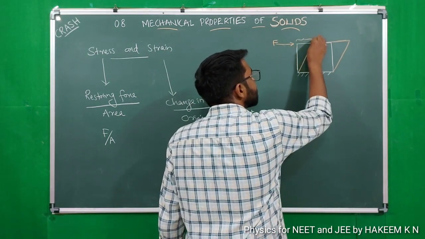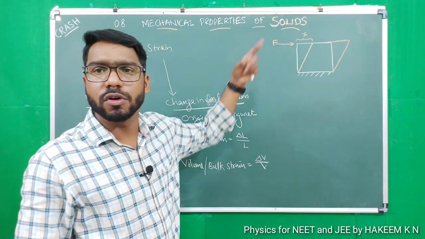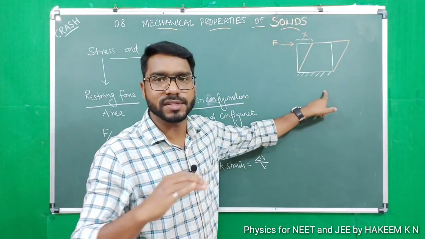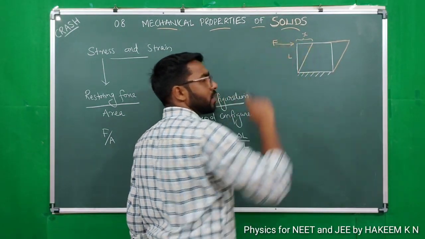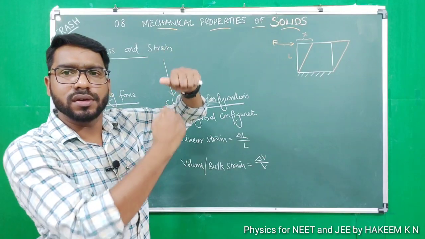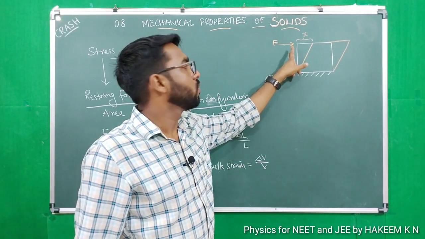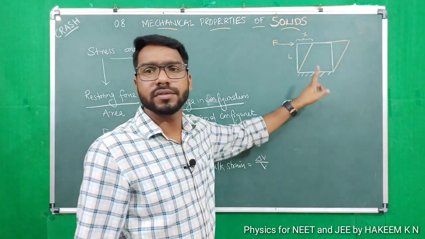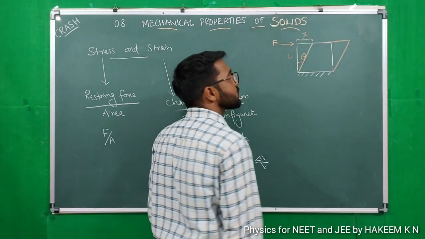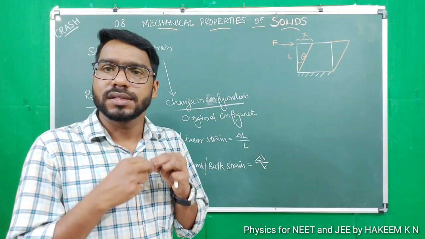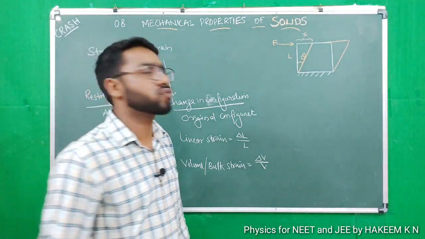If x is the linear displacement of the opposite part of the fixed side, and L is the perpendicular length of the fixed part, then this theta is the shear strain or tangential strain.